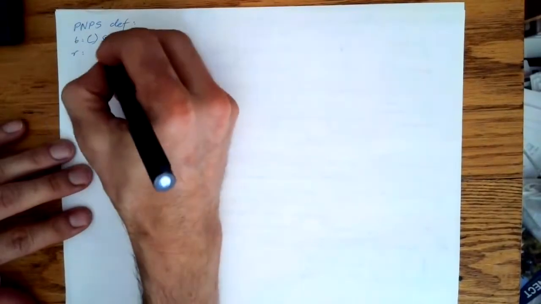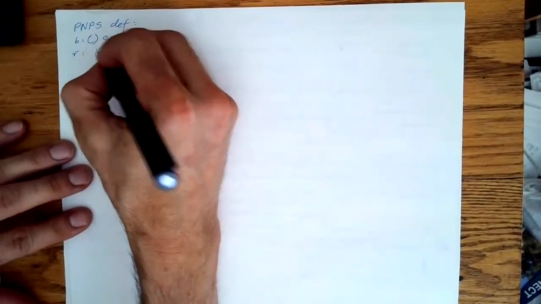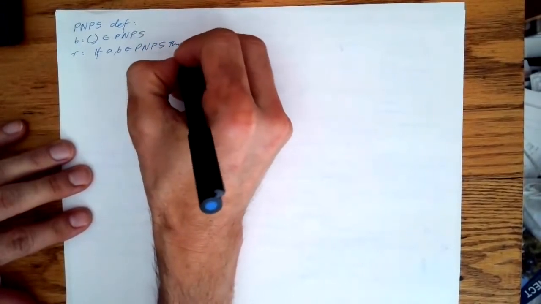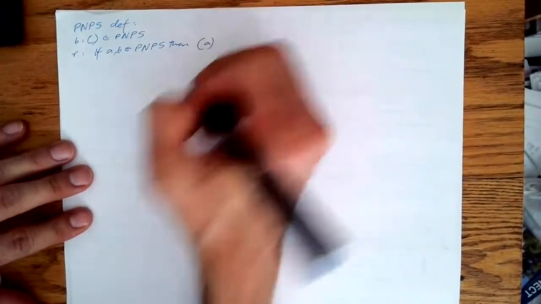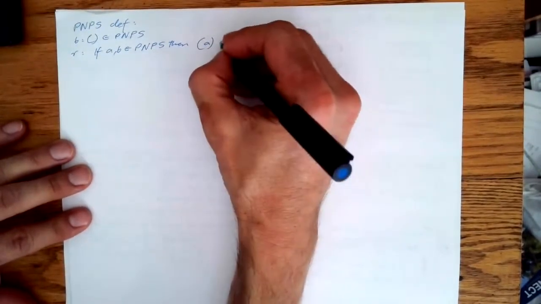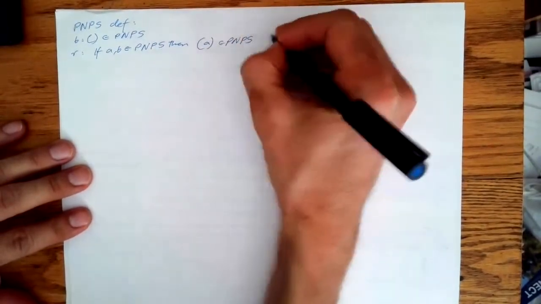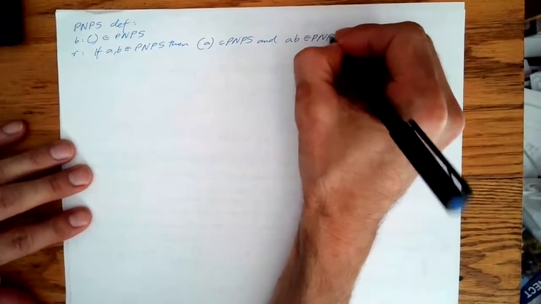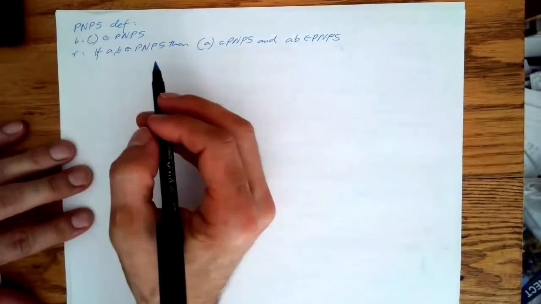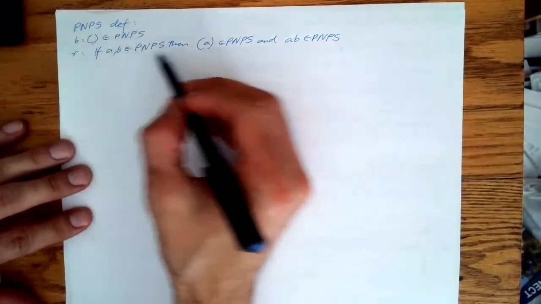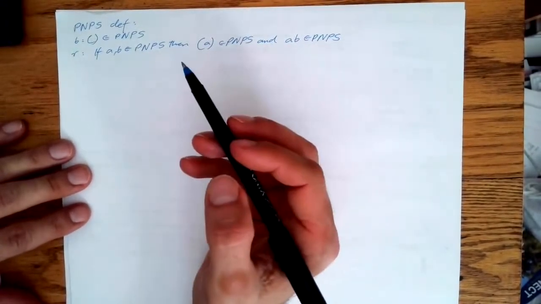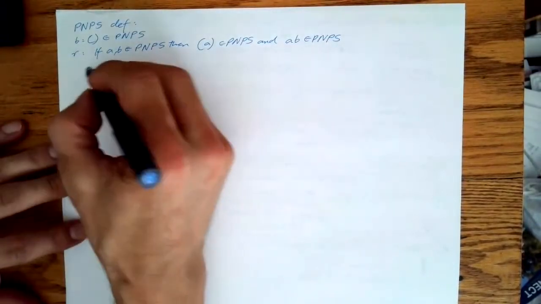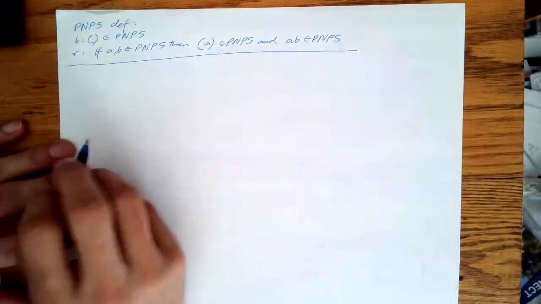And recursion: if A, B are in PNPS, then both open A close is in PNPS, and AB is in PNPS. I had it as two rules, but you can just as well capture it as a single rule. That doesn't change anything, right?